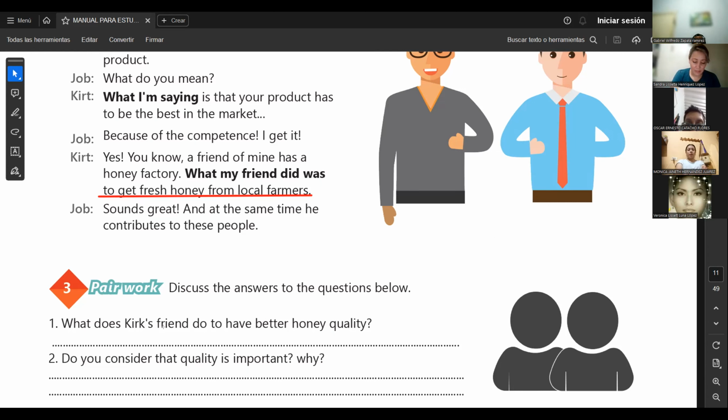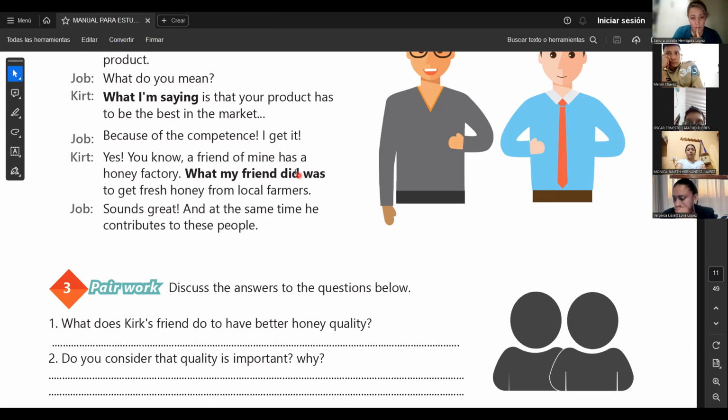Now in number 2, I think this is an obvious answer, right? You consider quality is important? Obviously, yes. But why do you consider quality is important? Someone who wants to share?